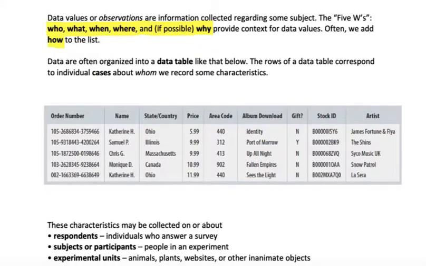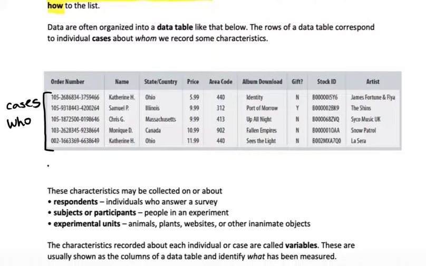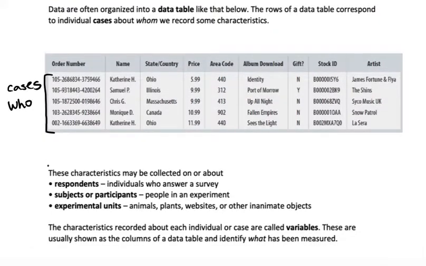The rows of the data table correspond to individual cases about whom we record some statistics. So these are the cases. For this problem, the cases are different orders, and that tells us the who. Now, if we have a survey, individuals who answer a survey, then our cases are going to be called respondents.